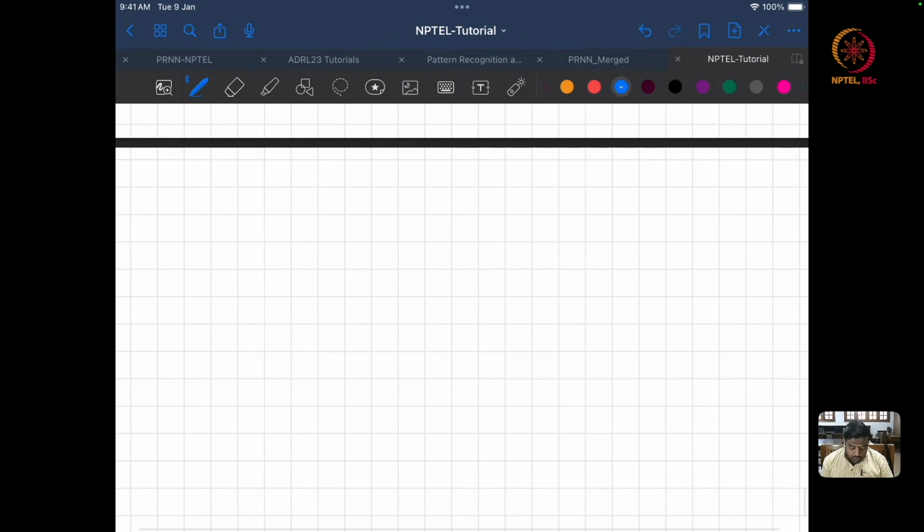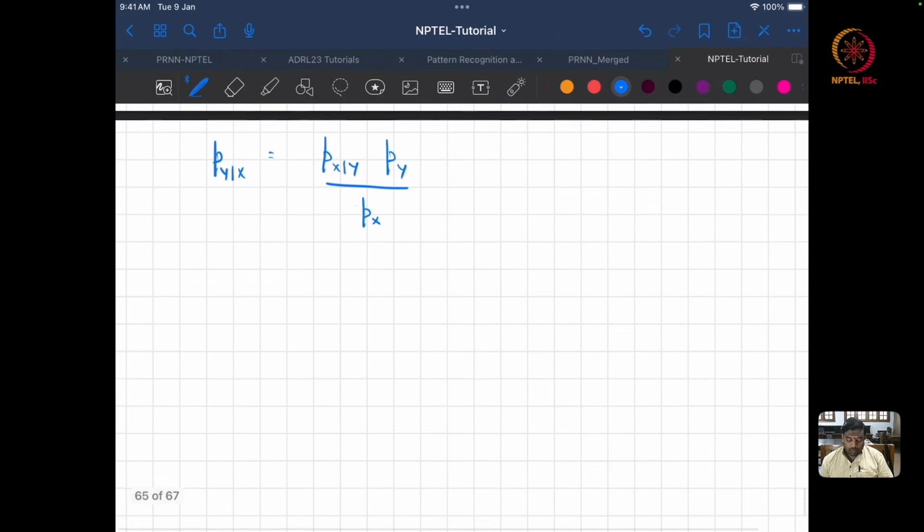Then it boils down to, now we know that y given x, by Bayes rule, is P of x given y into probability of y divided by probability of x. Okay, since we have equal priors, the comparison of posteriors can be looked at as a comparison of just class conditionals.